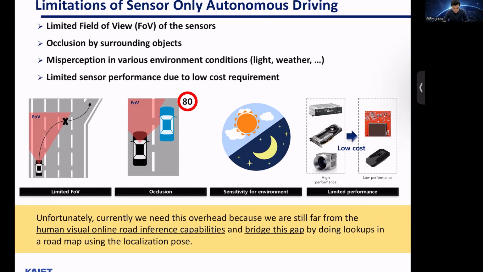We need to bridge this gap between human drivers and machine drivers that rely only on real-time sensor perception, by building maps and using those maps so that we have a better understanding of the environment, what's around the ego vehicle.